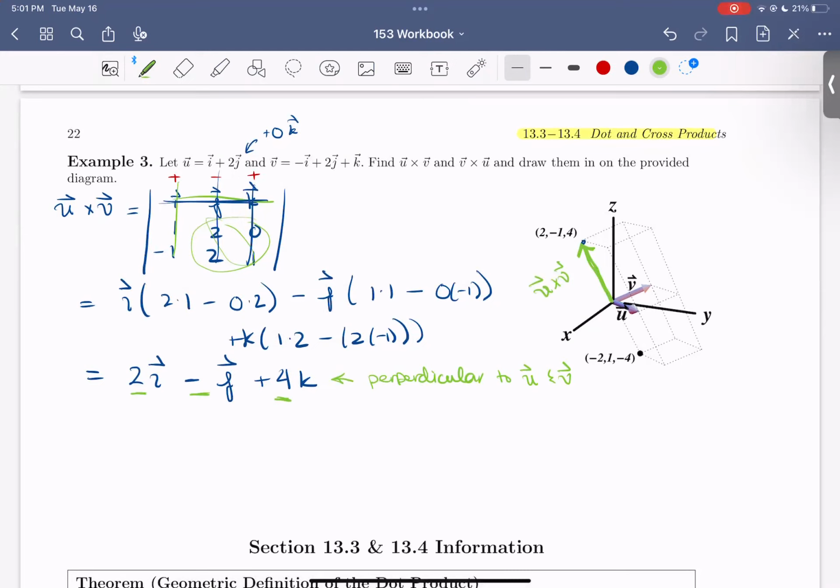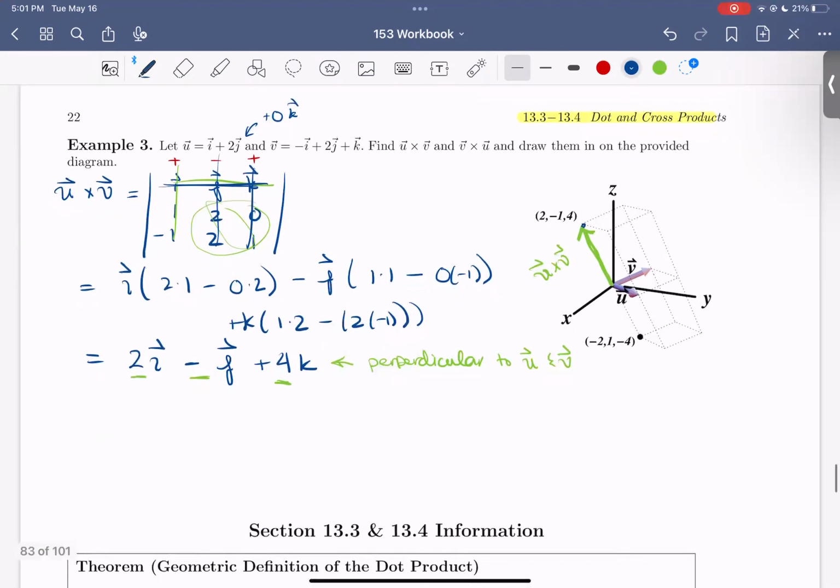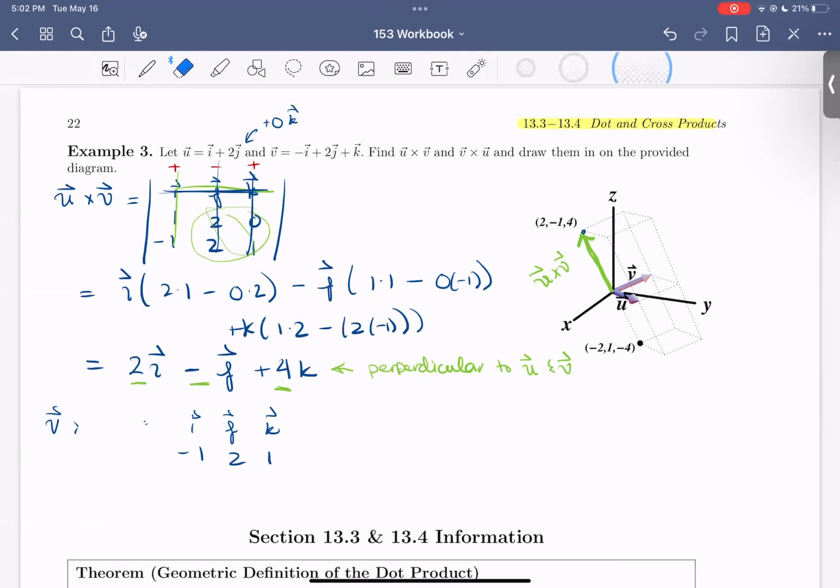So now let's take a look at then the cross product v cross u. So we can set up that determinant again, i, j, k. Now we have -1, 2, 1 first, because we're looking at v first, and then u, which is 1, 2, 0.